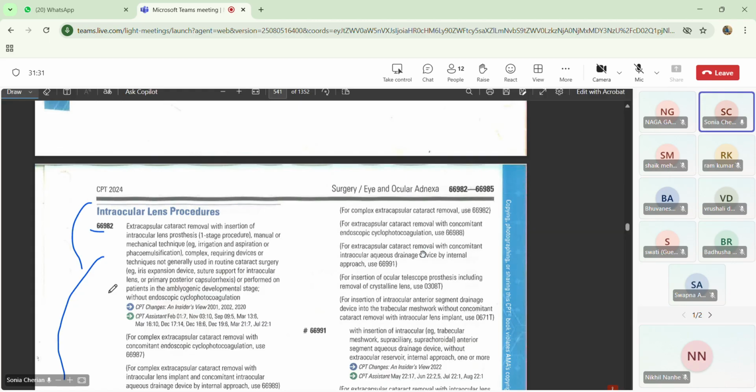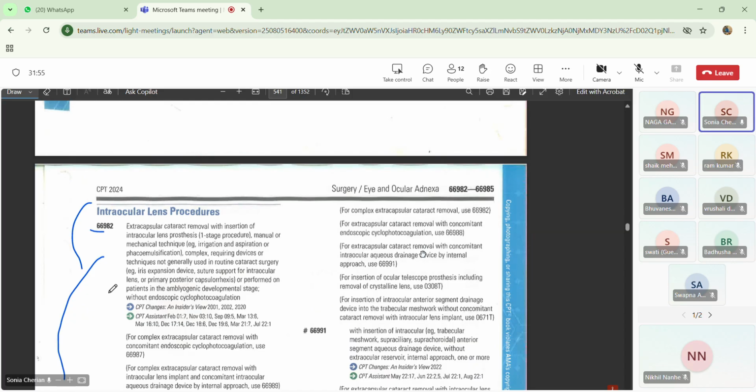Why? Because the lens zonules will become weak sometimes, not in every patient, but at times. If that is the case, they will fix a capsular tension ring to support the lens. Then you code it as complex, 66982.